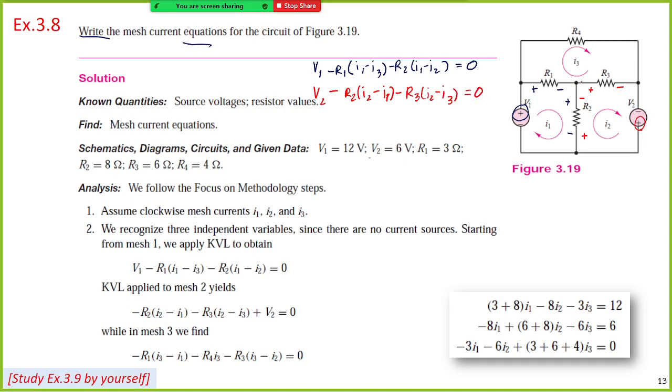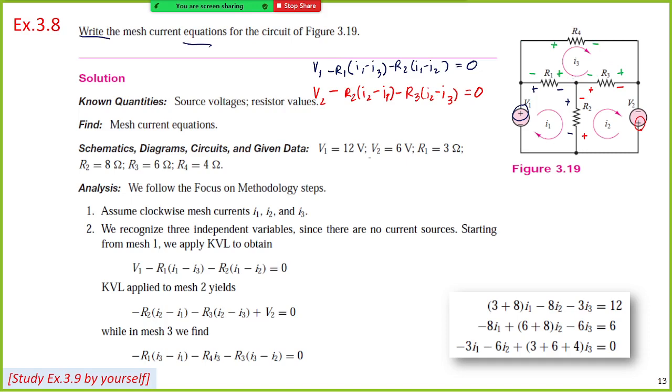Okay. Then for the last mesh here, for this mesh I3, I will use the direction of I3 as positive, plus minus, right? And this is plus minus, and this is plus minus, right? Because current flows from positive to negative, right?